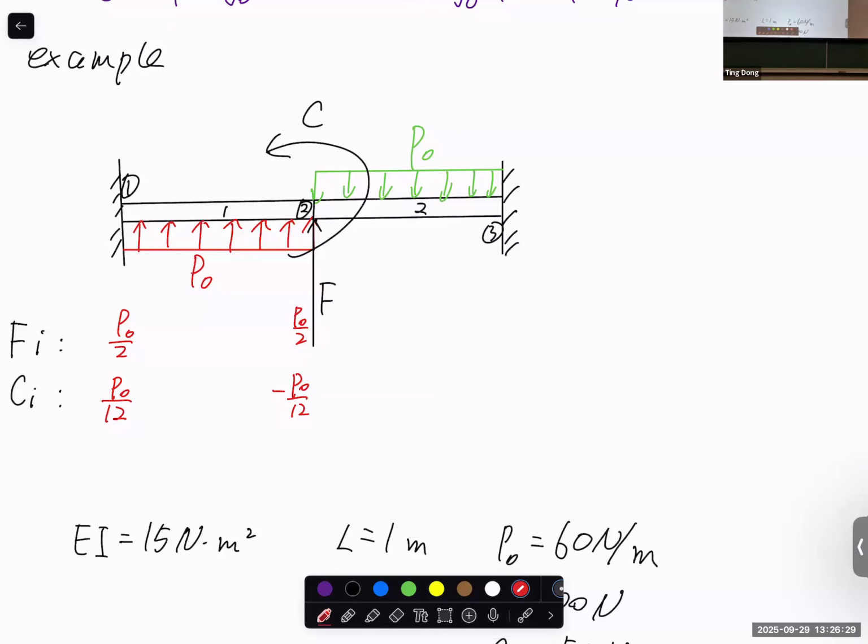For element 2, the distributed force is downward, so you just plug in P equal to negative P naught. At node 2 we have the equivalent F2 and F3, and for the couple we have P naught over 12, and negative, negative, positive, so I write positive here.